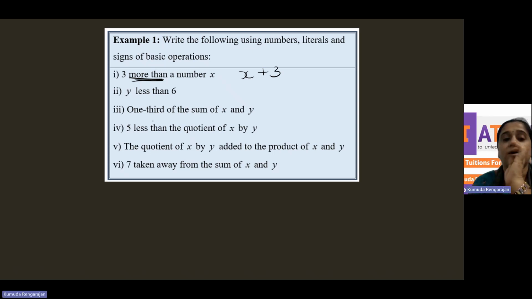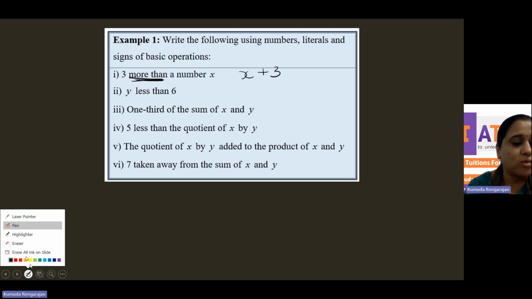So 3 more than a number X is written as X plus 3, not 3 plus X. Both are the same because addition is commutative, but converting this exactly to an algebraic expression is X plus 3 only.